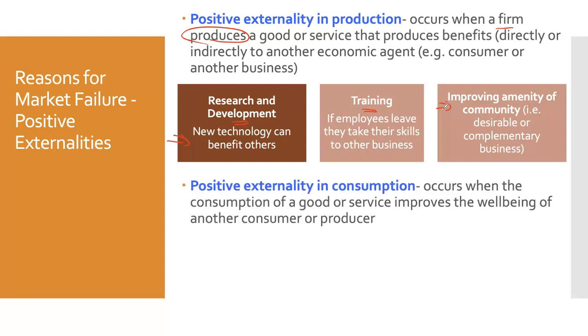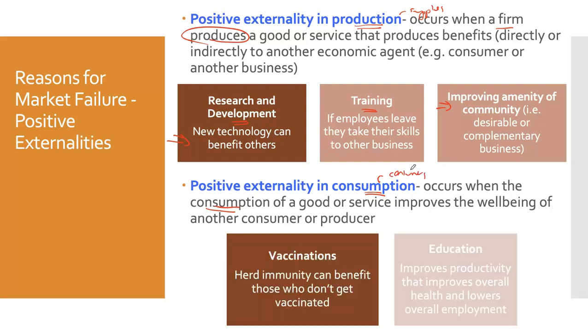Now, positive externality in consumption occurs when the consumption of a good or service improves the well-being of others. So you can see we're splitting up externalities into the production process or the consumption, thinking about suppliers, thinking about consumers.